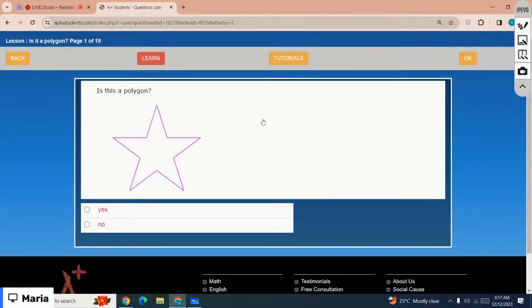Is this a polygon? Yes, it is a polygon. It is a closed sided shape and has corners, so yes, it is a polygon.